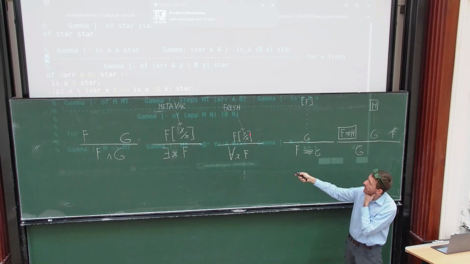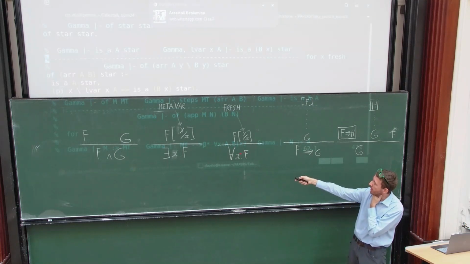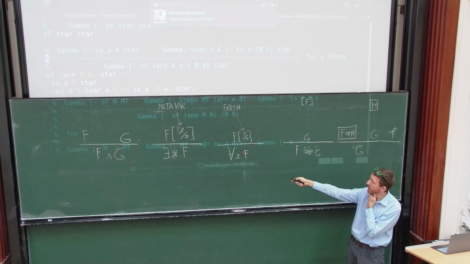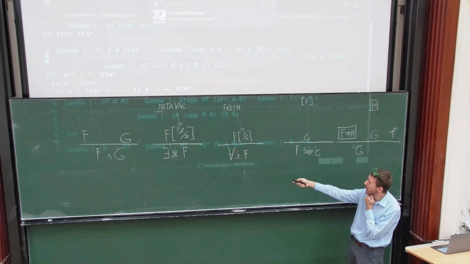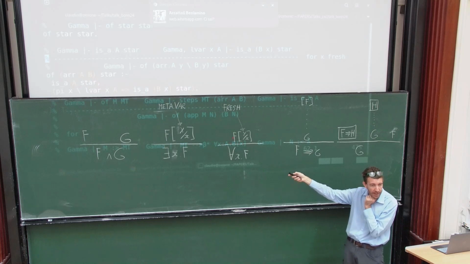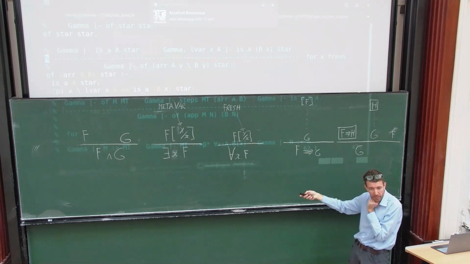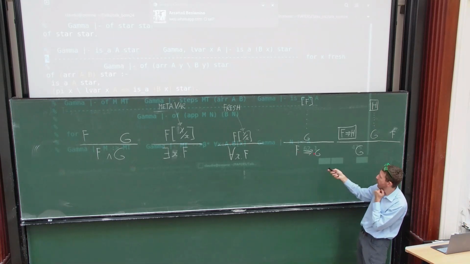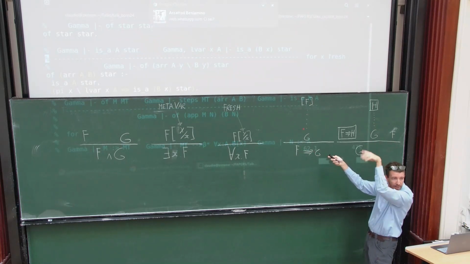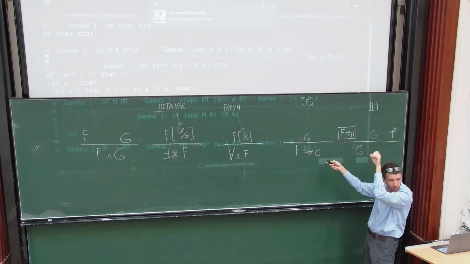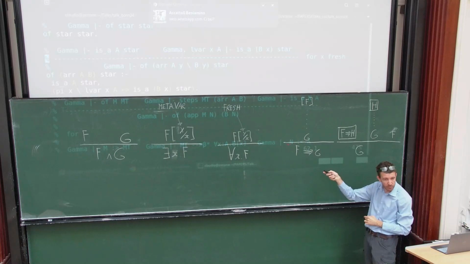Now, this is a rule that interests us now. What if you want to prove for all x, f? So the for all introduction rule you know by logic is you pick a fresh y and you prove f, you put y in place of x, and you prove f. And that's exactly what happens here. And for implication, f implies g, you put f in your context, which is not written explicitly, it's just a set of things you can use, and you go down to prove g.